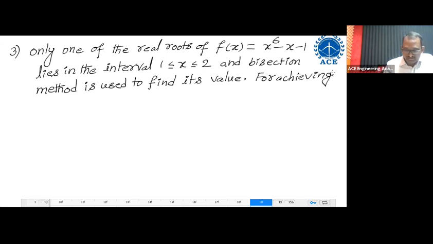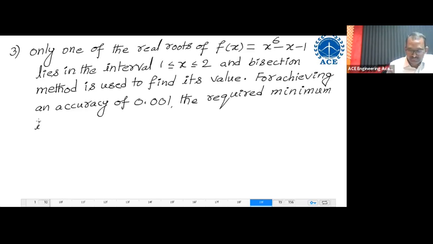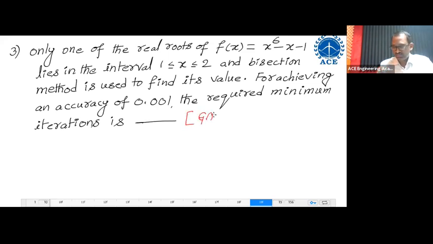For achieving an accuracy of 0.001, the required minimum iterations is dash. This problem was given in GATE Electrical Engineering 2017.